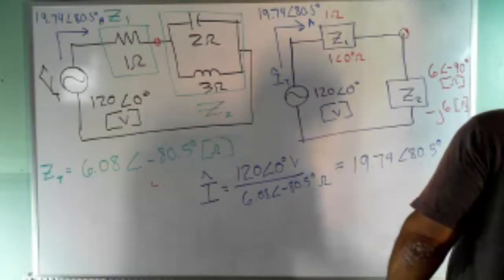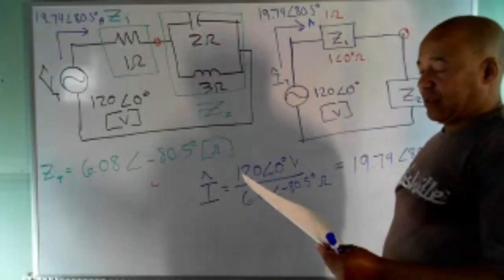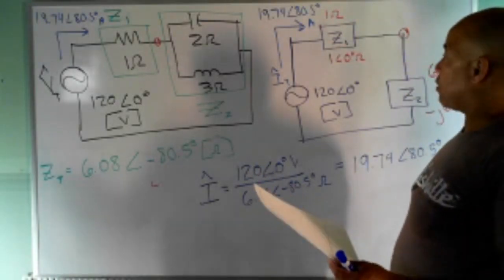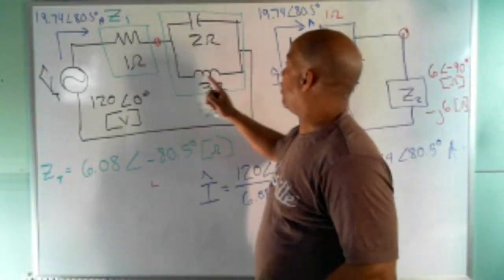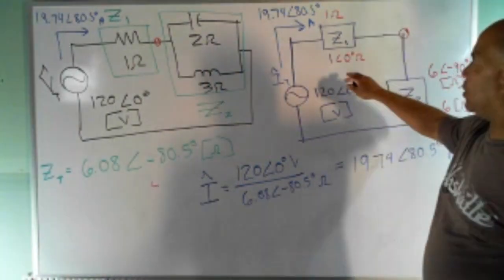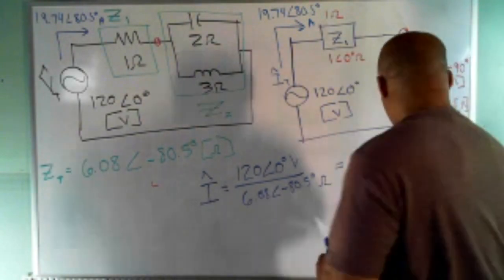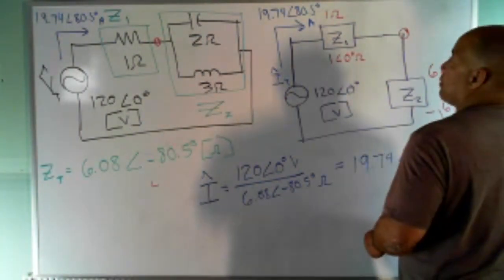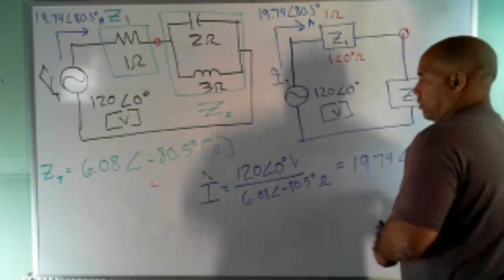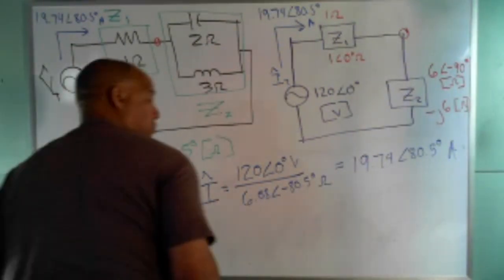So now you can probably guess what he wants you to do. You've got the current, and he wants you to find the voltage across basically all of these. To do that, you find the voltage across Z1 and Z2. We've got everything we need right here. Let me write it down so you can keep writing your notes.